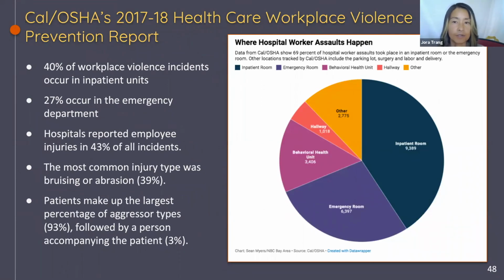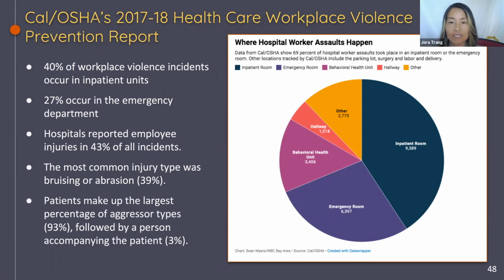After the workplace violence in healthcare standard was passed, Cal OSHA became the agency that folks reported incidents to, and Cal OSHA recently released its report on incidents reported in 2017-2018.